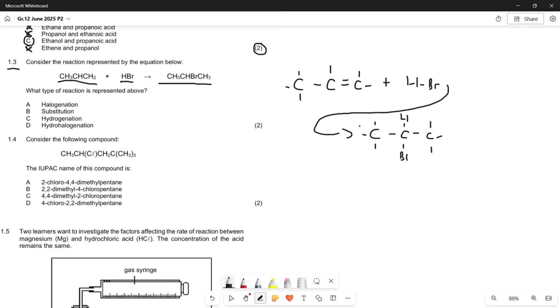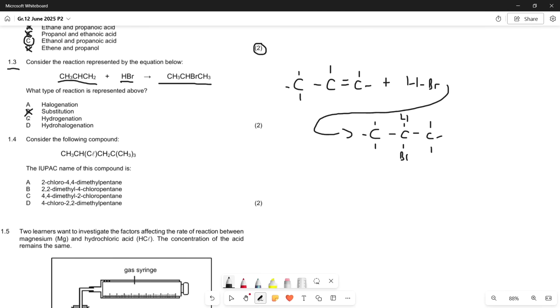If this is an addition and elimination is working backwards, substitution is just swapping something, meaning we don't go from a double bond to a single bond. We just go from a single bond to a single bond or a double bond to a double bond, because we are just swapping something. So a substitution is out, because we are breaking a double bond and forming a product with only single bonds.